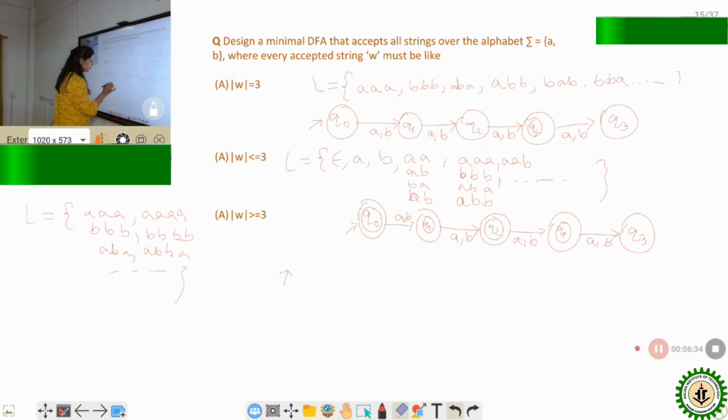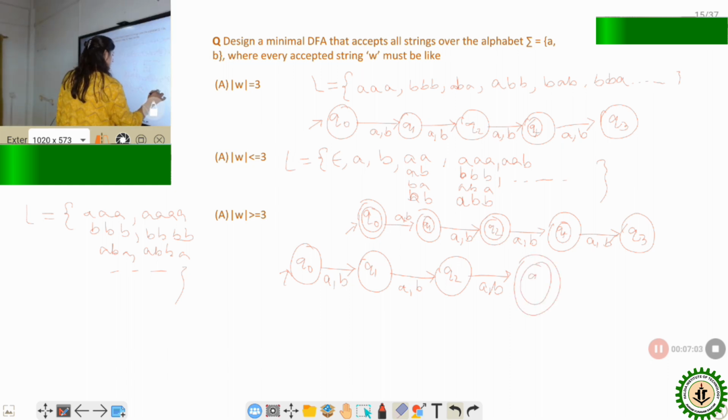So again, we are going to accept triple A and triple B. After that, whatever combination of A, B will be accepted, because here, when the length of the string is 1, it will be invalid.